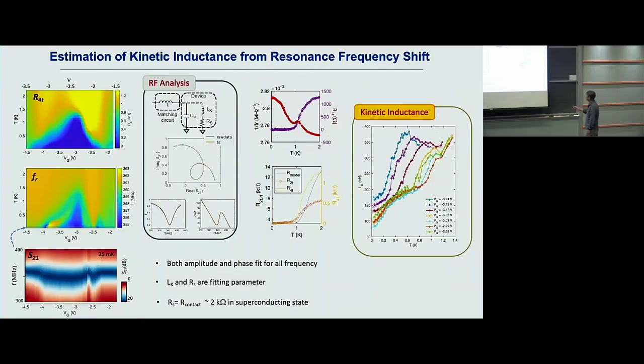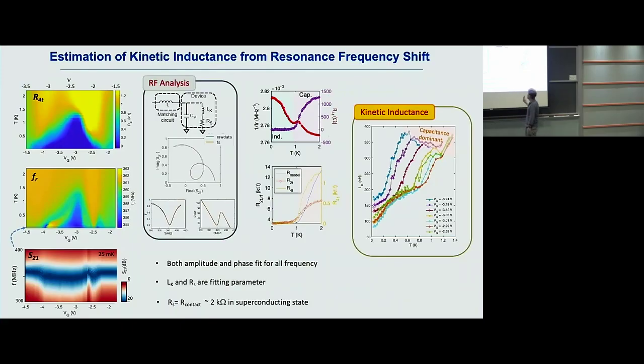So there is a region that I have to cut off. That's the region where the resistance of the channel starts increasing. Basically, I stop believing that this is really the kinetic inductance of the sample. But nevertheless, deep inside the superconducting region, at lower temperature, this is a rather accurate estimate of the kinetic inductance.